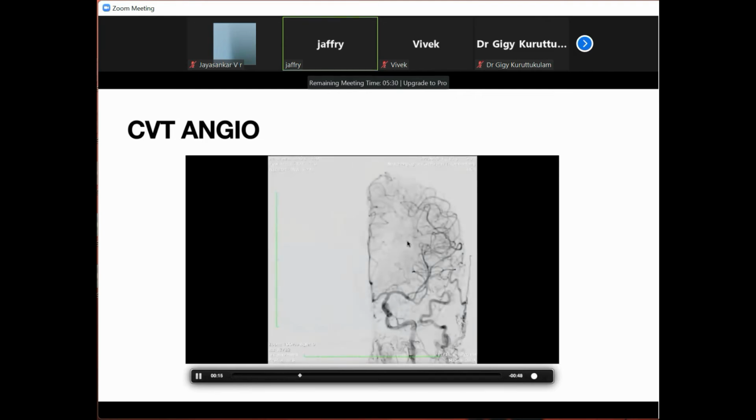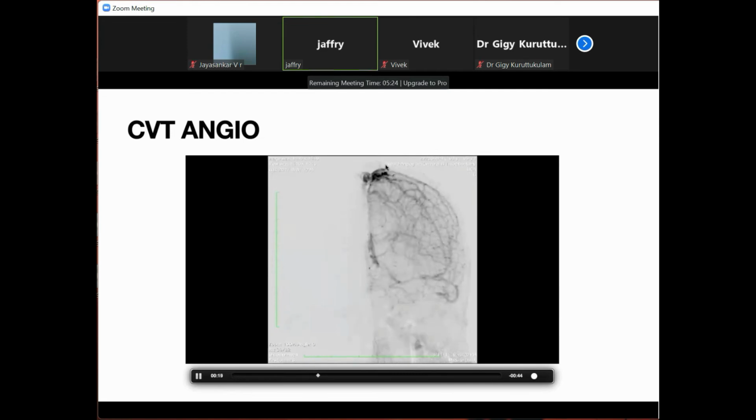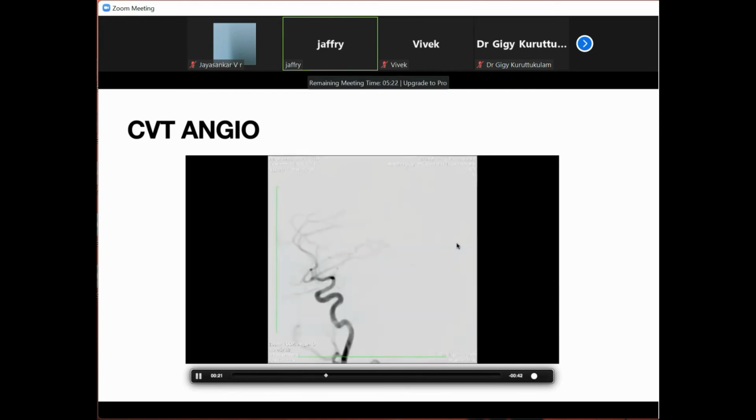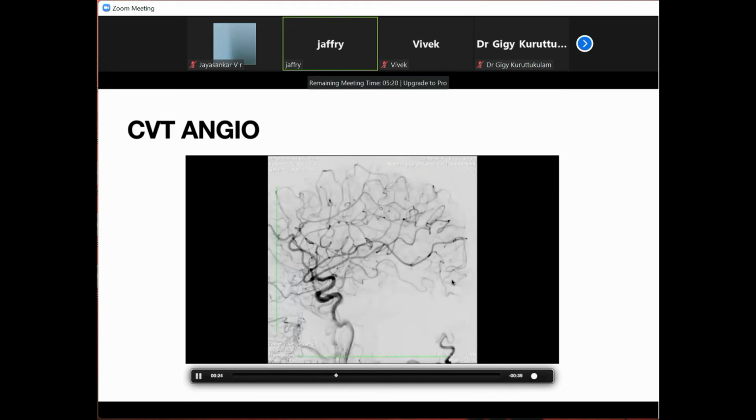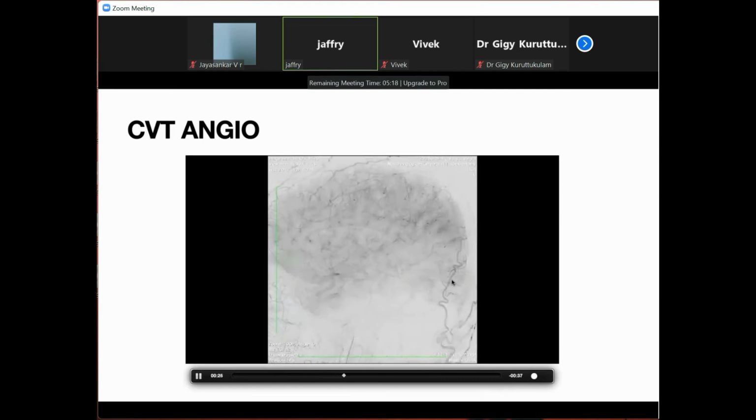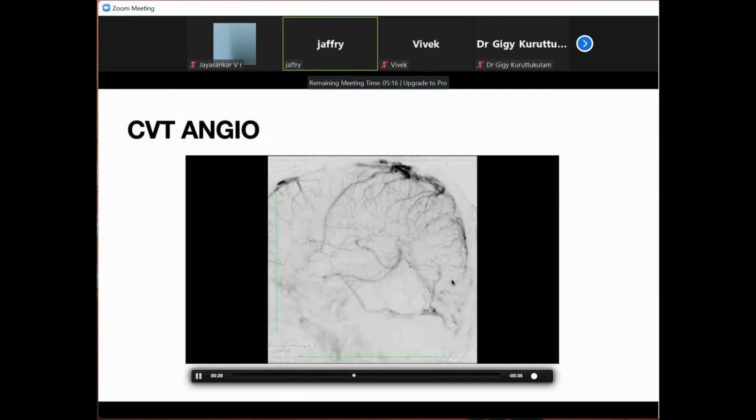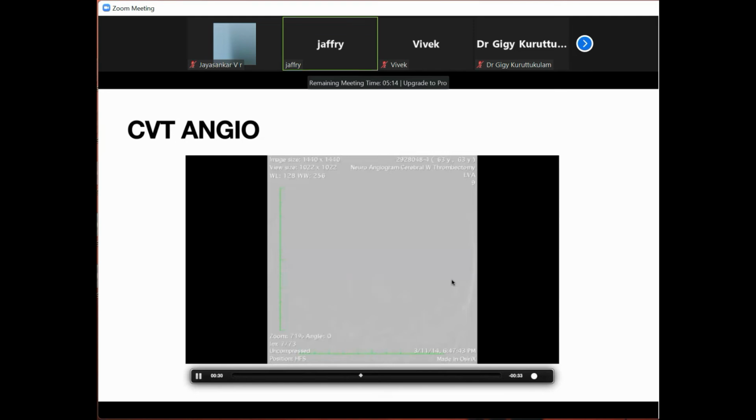Here also, after the arterial phase, there is no contrast going into the venous system, either sagittal or transverse, because of the big size of the clot. And the vertebral injection also.